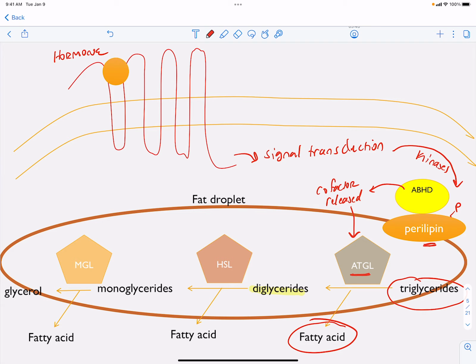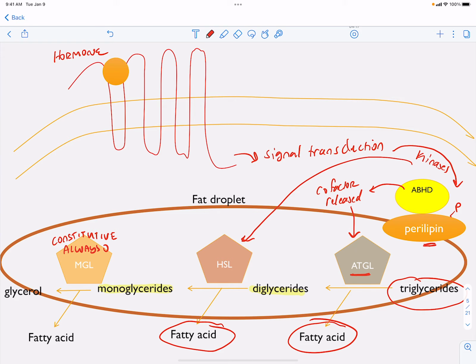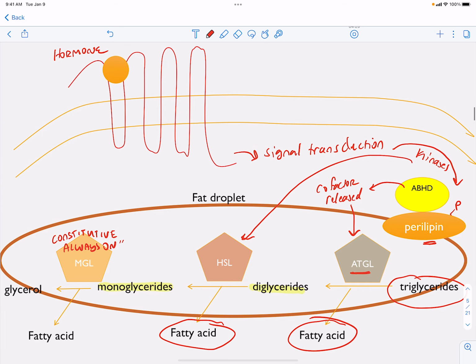Then the kinase will also activate your hormone-sensitive lipase, and another fatty acid is removed, leaving a monoglyceride. The lipase for monoglycerides is constitutive, meaning it's always on. As soon as you have a monoglyceride, it picks up on it, removes that 3rd fatty acid, and releases glycerol.